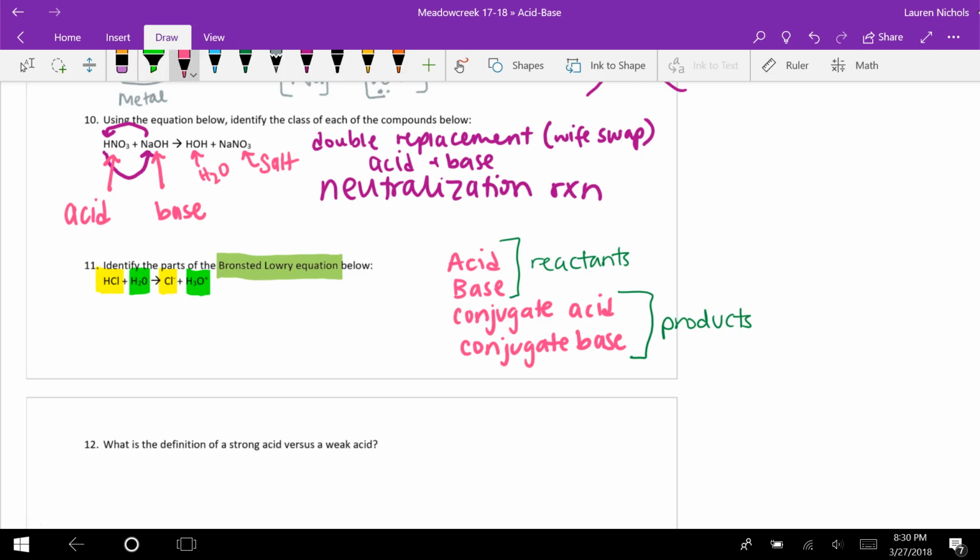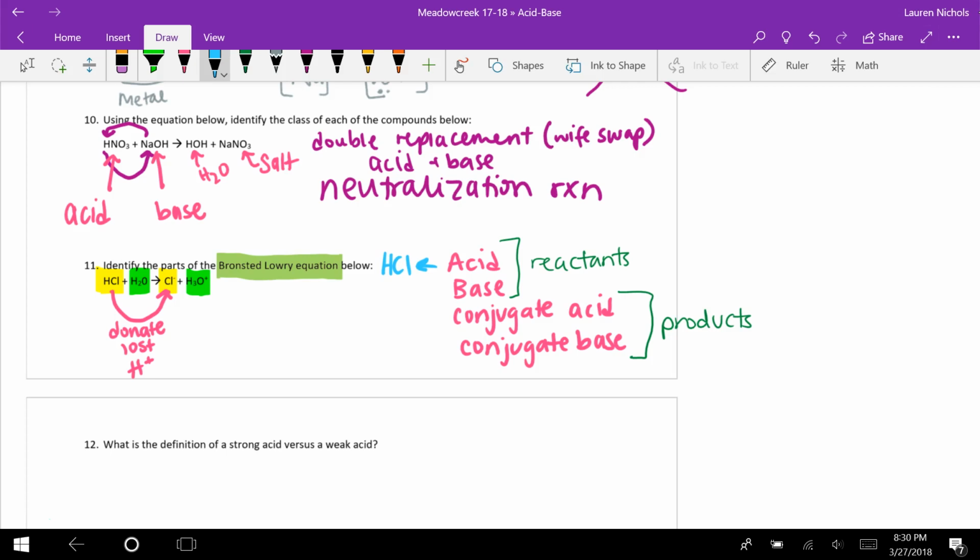And so we see that from HCl to Cl-, it has donated or lost a hydrogen, right? And so that means our acid is HCl.